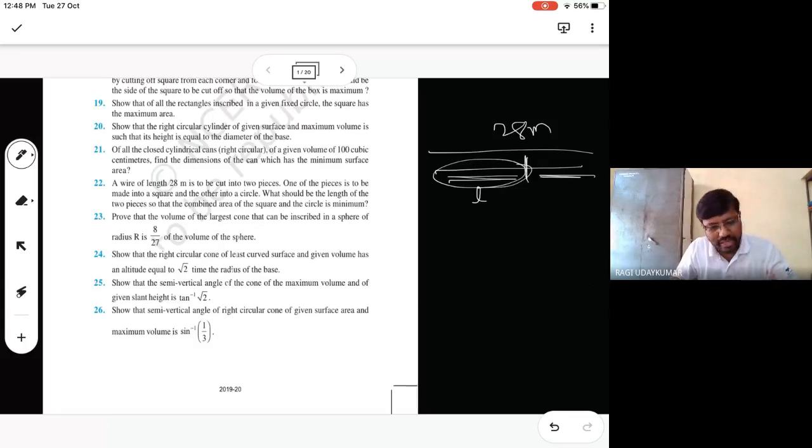Let this be x. With this I made a square. And what will the other part length be? What is the other part length?